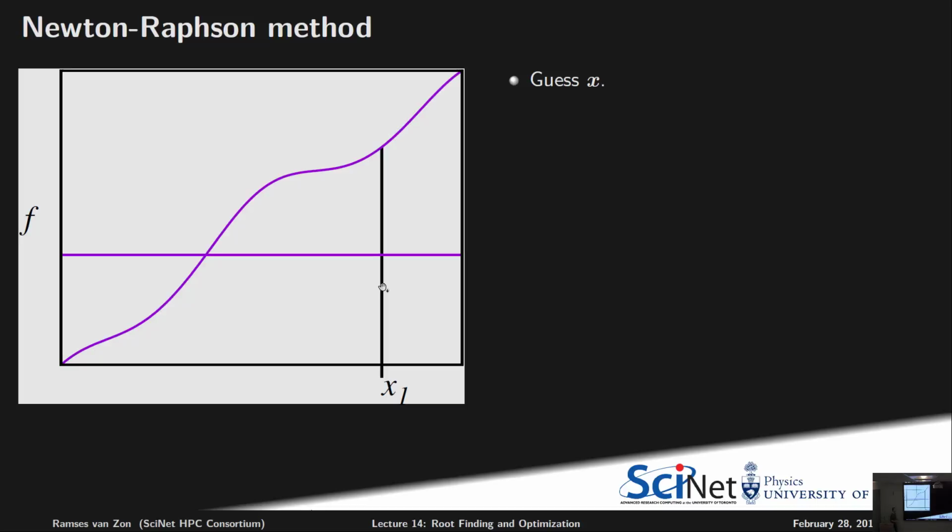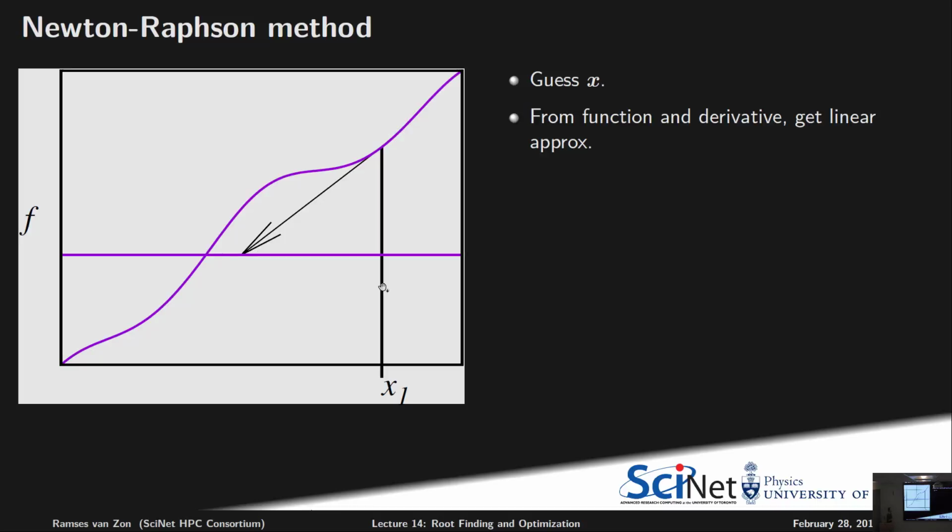Quite a different kind of root finding is one where you can use the derivative. So rather than saying I have 2 points and I take a linear approximation based on those 2 points, in Newton-Raphson, you take one point, x, you figure out what the derivative is at that point. So this requires you to know analytically what the derivative is of that function f.